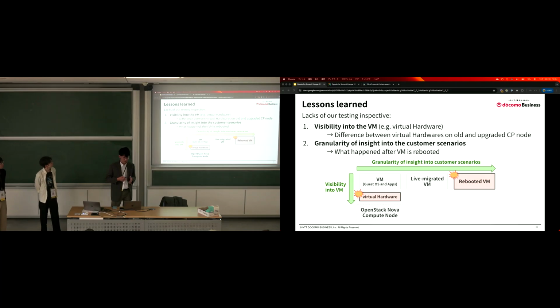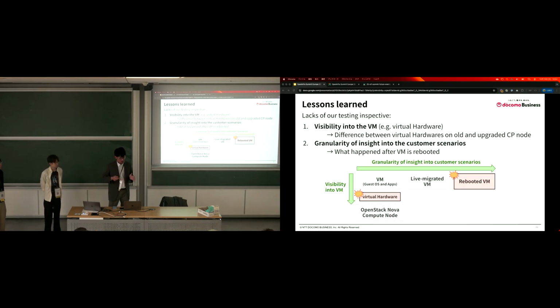Second, our testing perspective was incomplete. We can look at this issue from two main viewpoints. First, we didn't have a high enough resolution or detailed understanding of our agreements.